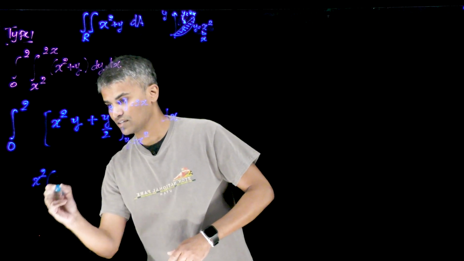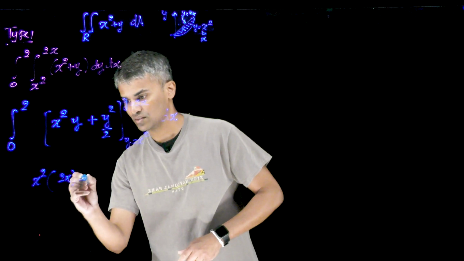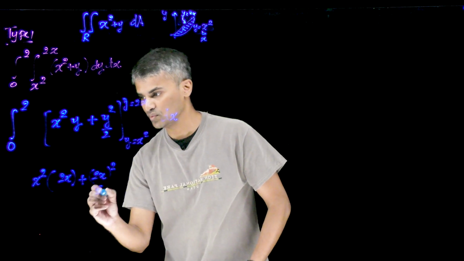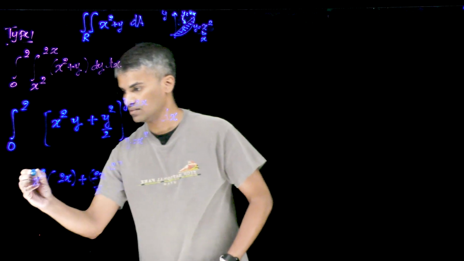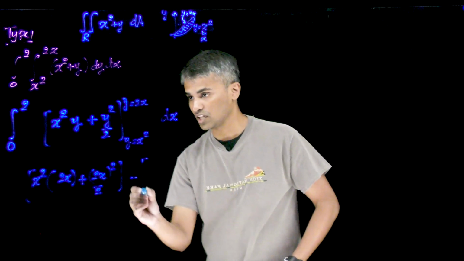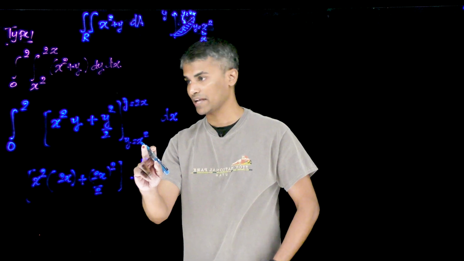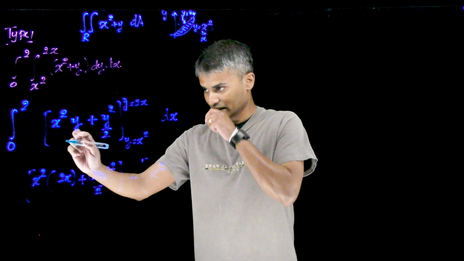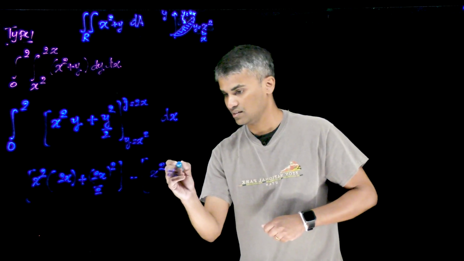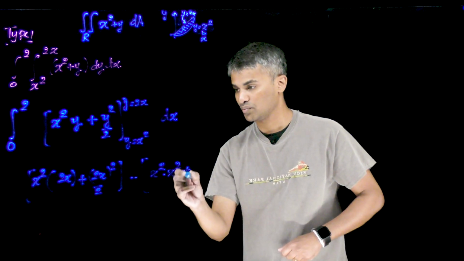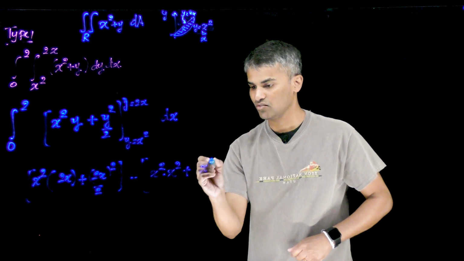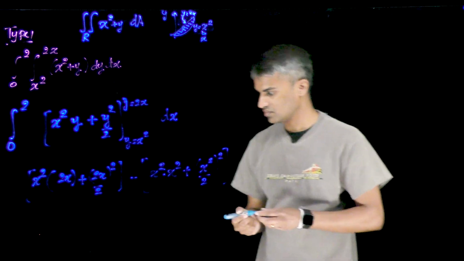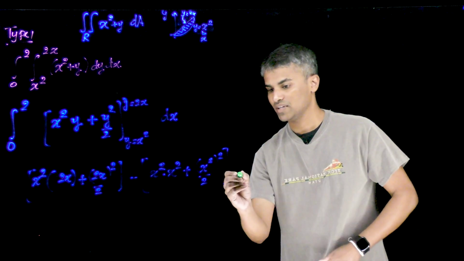We get x squared times 2x plus (2x) squared over 2, minus the lower limit, y equals x squared. So you get x squared times x squared plus the square of x squared over 2. Then we have dx.